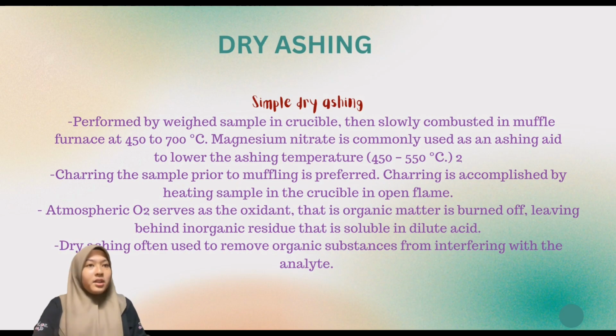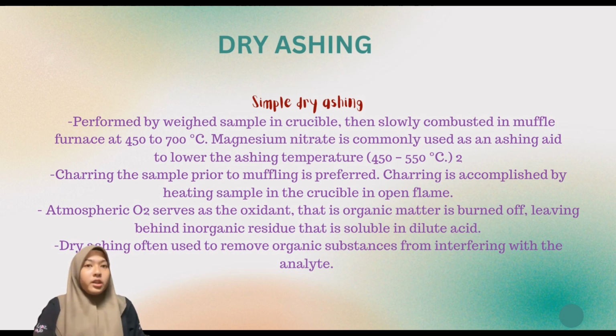Simple dry ashing is performed by placing the wet sample in a crucible, then slowly combusting it in a muffle furnace at 450 to 700 Celsius. Magnesium nitrate is commonly used as an ashing aid to lower the ashing temperature to between 450 and 550 Celsius.